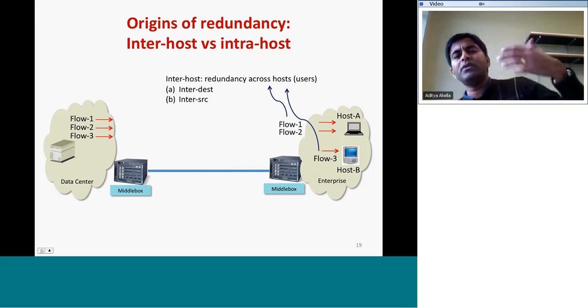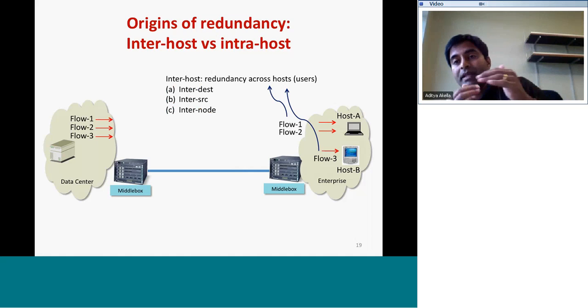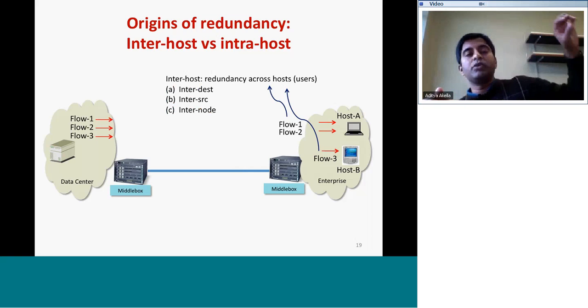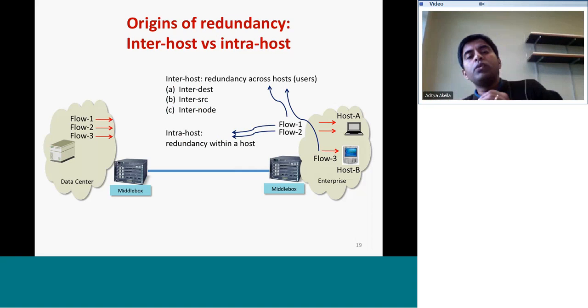Within inter-host, you can imagine a variety of classifications: the similarities across destinations, or across sources, or across different application endpoints. Furthermore, we also look at redundancy across different flows, but between the same pair of hosts. That we call intra-host redundancy. The big question is which of these two dominates, and how much.